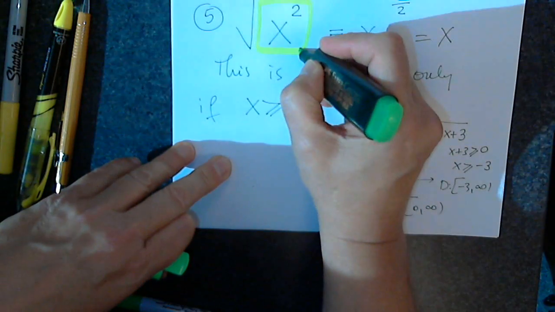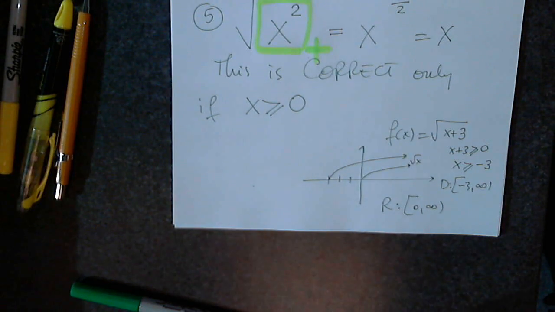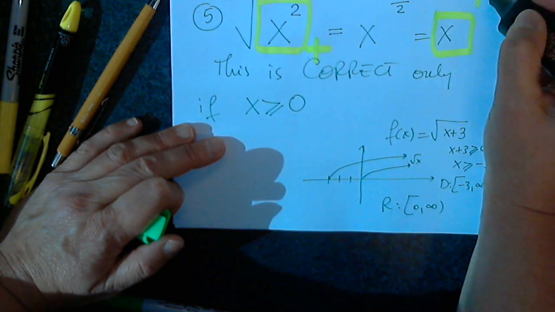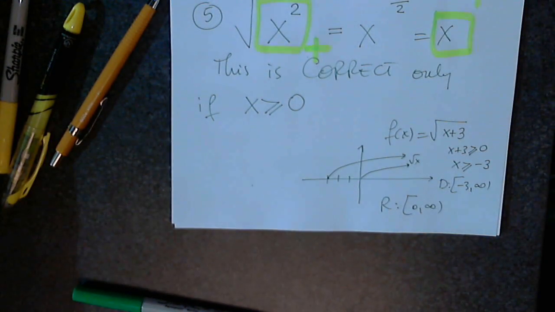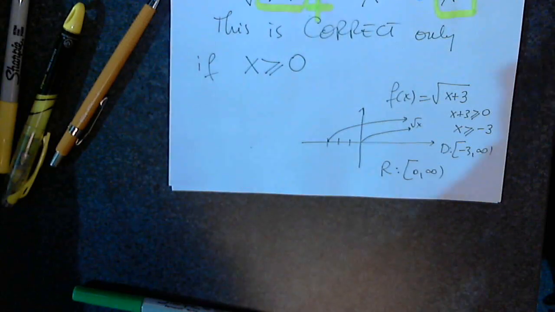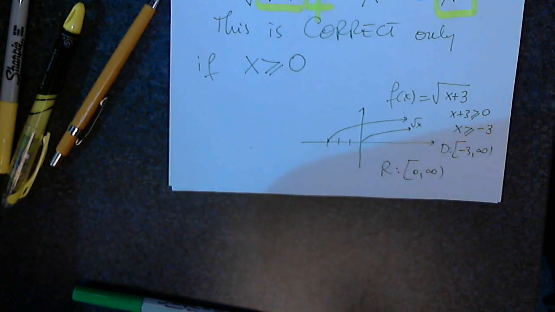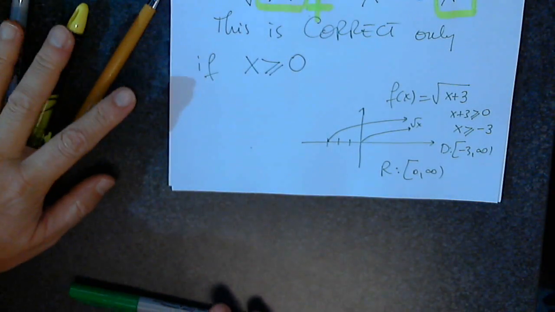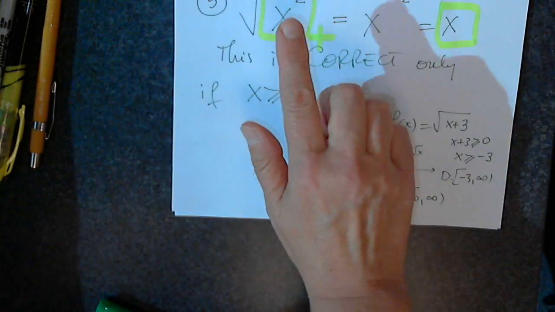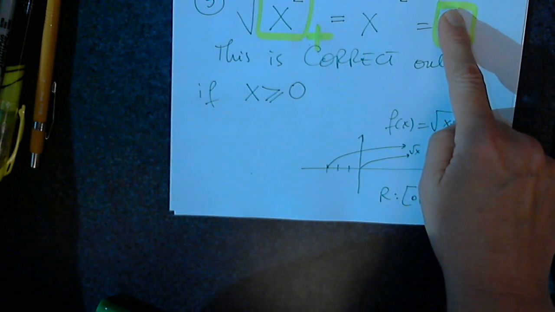This quantity must be positive under the square root or any even root. And this quantity must be positive. So the square root or the fourth root or the sixth root are not what I like to call friendly roots. Two conditions have to be fulfilled. This quantity must be positive. This quantity must be positive.